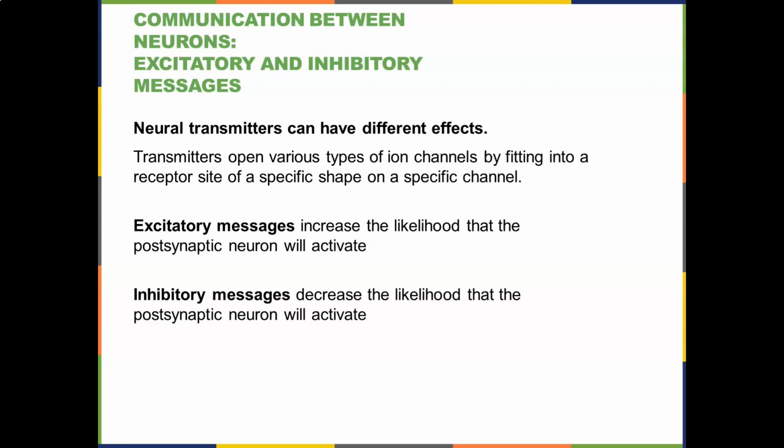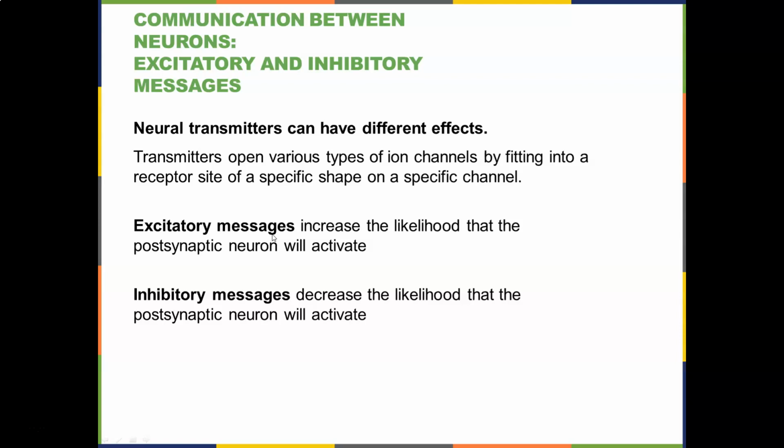So when one axon or neuron communicates with another, there are basic types of messages that they send from one to another. First is what's called an excitatory message.